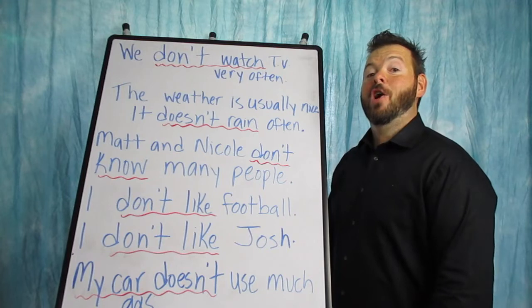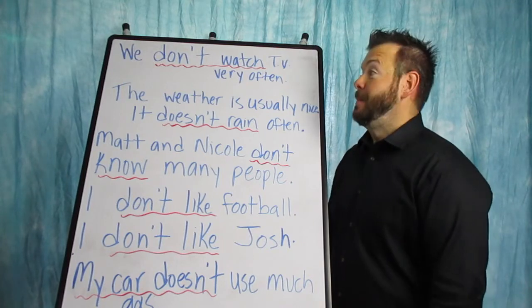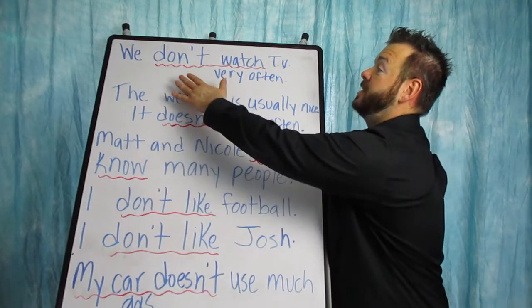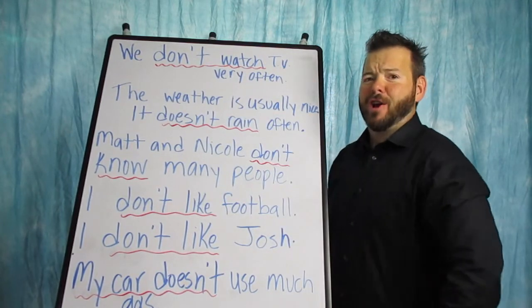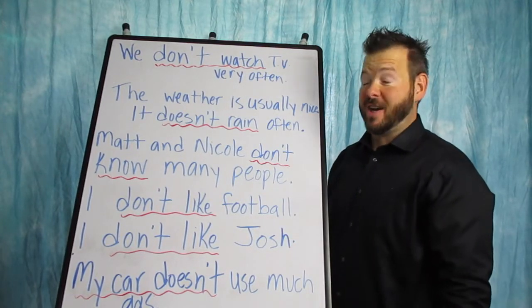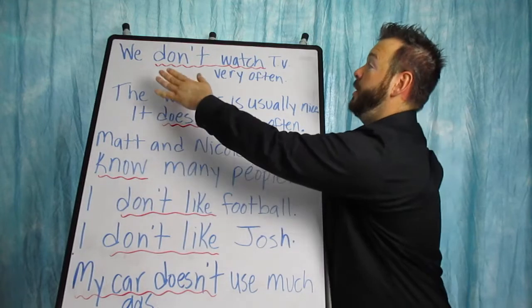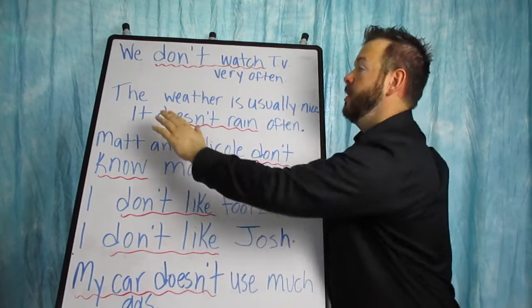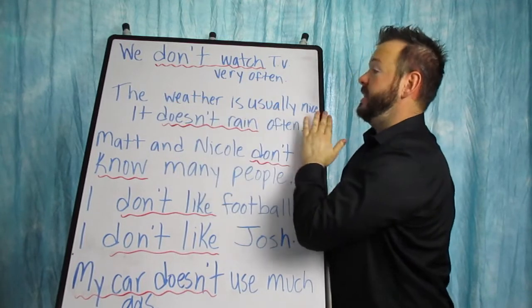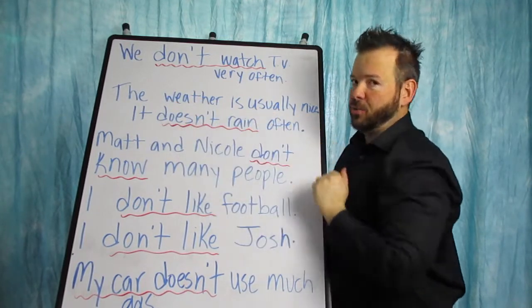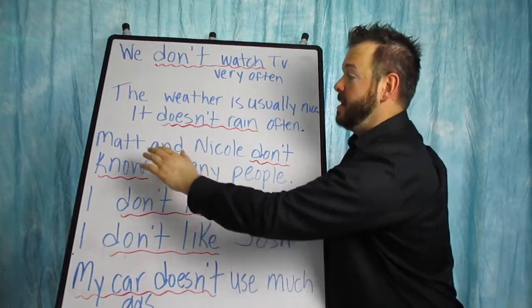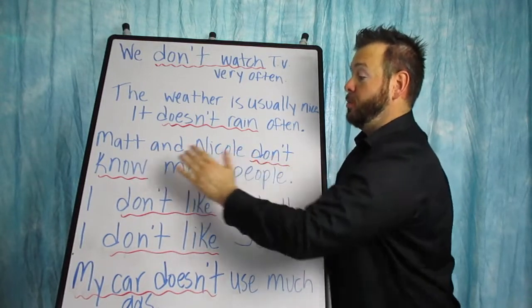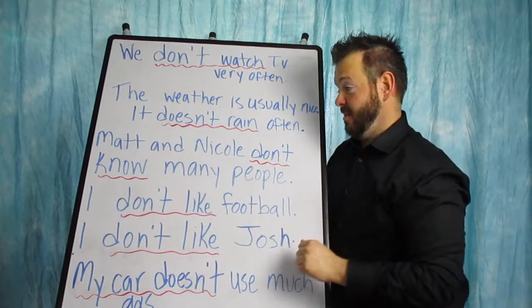Alright, here are even more sentences. This time I've underlined don't and the verb. I forgot on the last clip. I apologize. We don't watch TV very often. The weather is usually nice. It doesn't rain often. Matt and Nicole don't know many people.